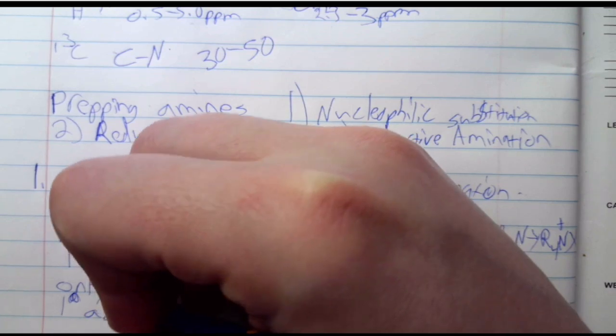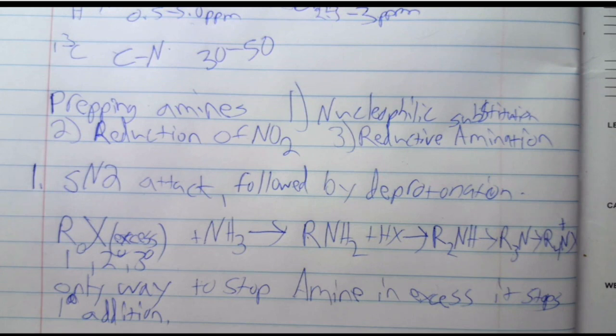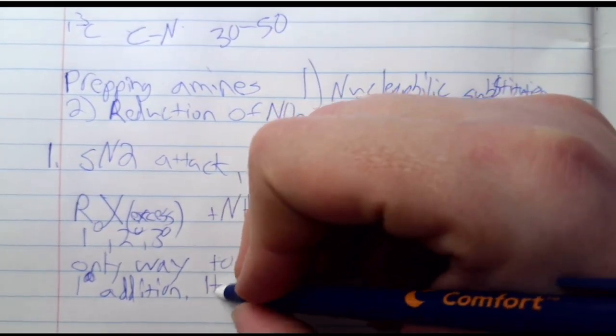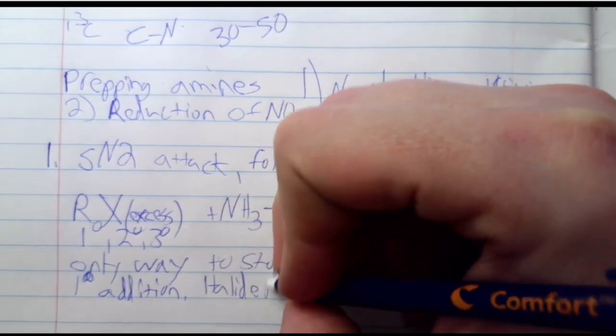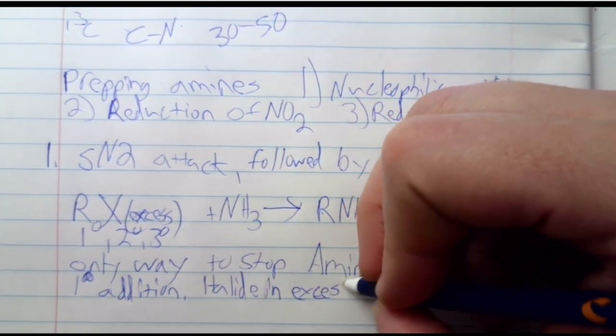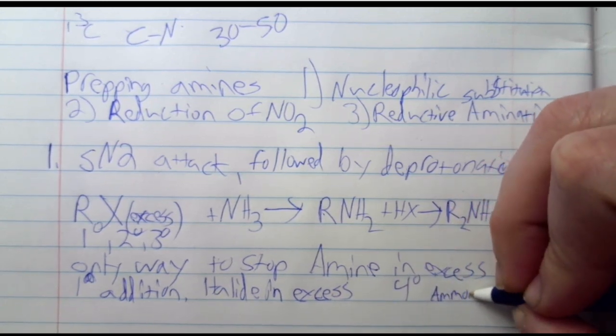If we have far more ammonia than we have of the halide, basically all of them get a chance to add once, and we still have some ammonia left over, so it can't keep adding. But if the halide is in excess, the quaternary is the product. Quaternary ammonium is our byproduct.